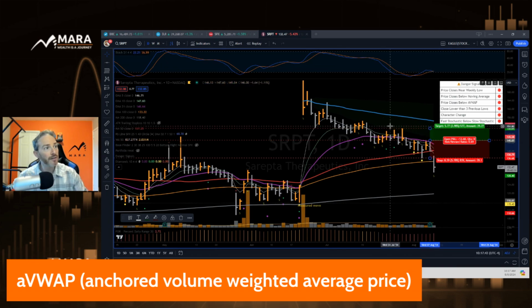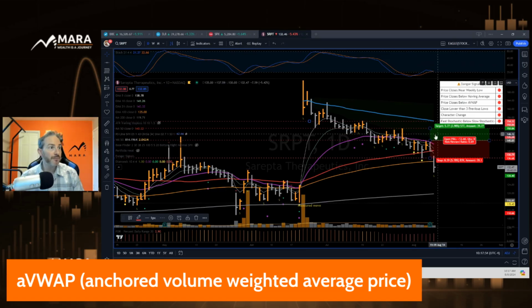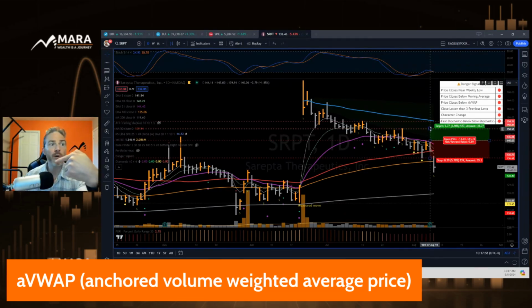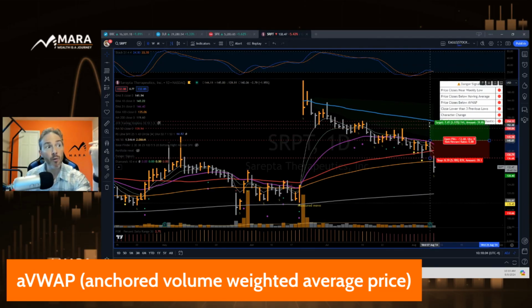Even if I say there's a level of resistance at around 150, and another layer of resistance at around 154, then it gives me something to think through. I might want to take this trade, or I think this might break out, but what's my upside? What's my true upside?